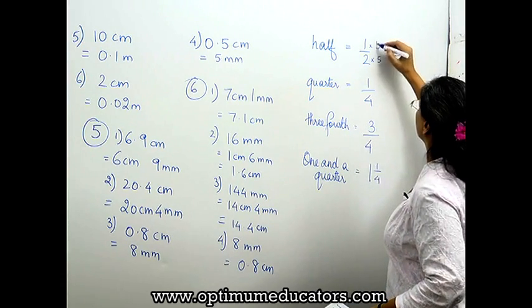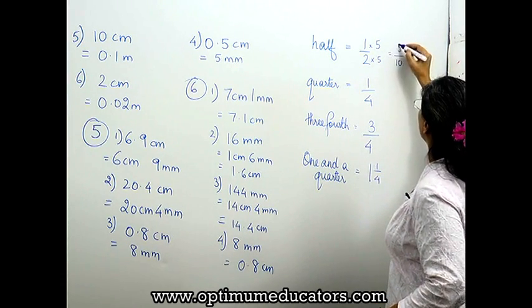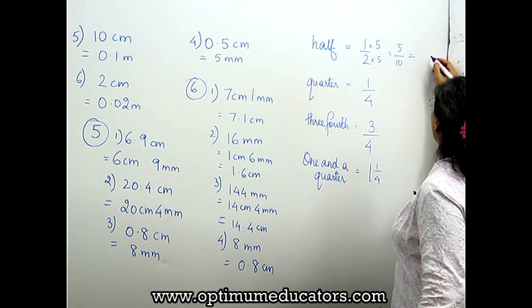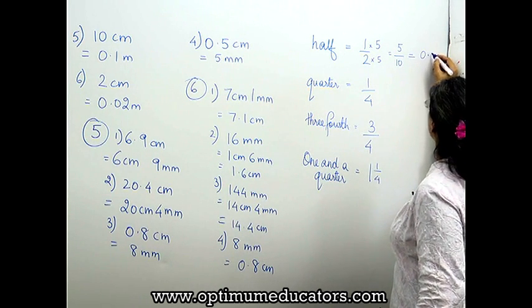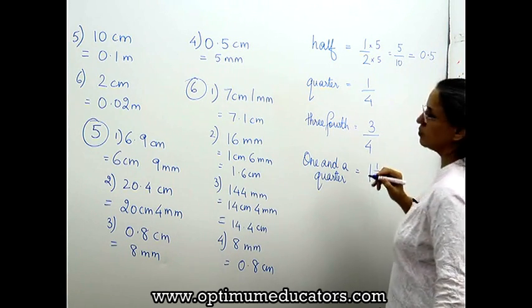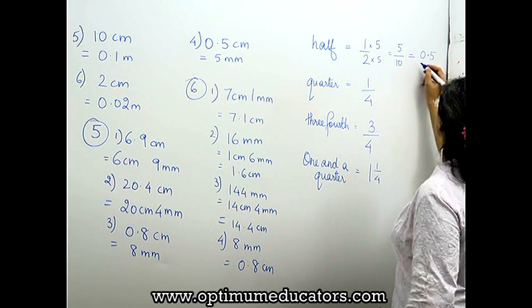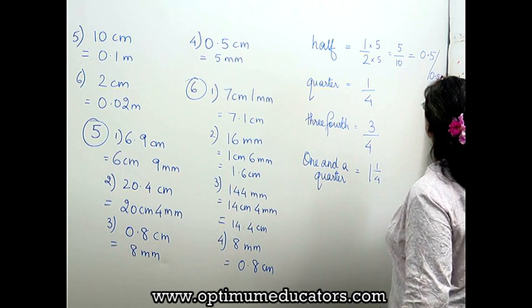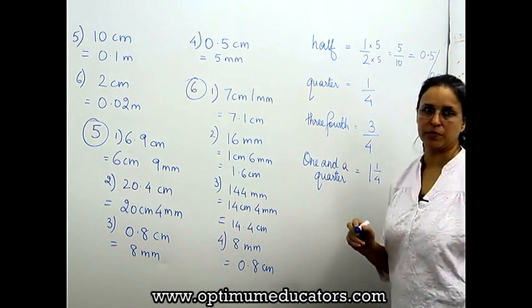Again by 5. So, here 5/10. So, this can be written as 0.5 or even if you write it as 0.50. It is the same thing.